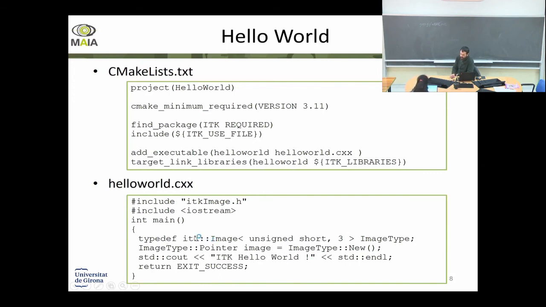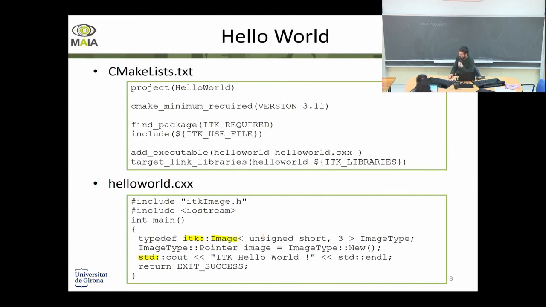That means we're going to use something which is in ITK. This is called a namespace. This is standard from C++, and this is, let's say, standard for ITK. So you use ITK. We're going to use the image, okay?